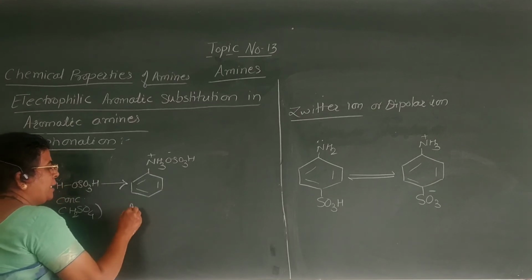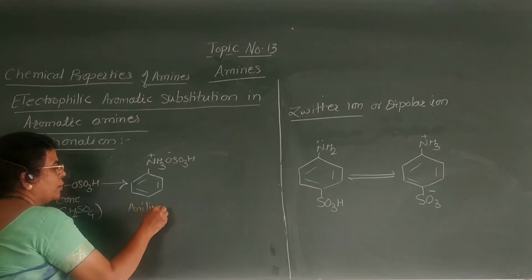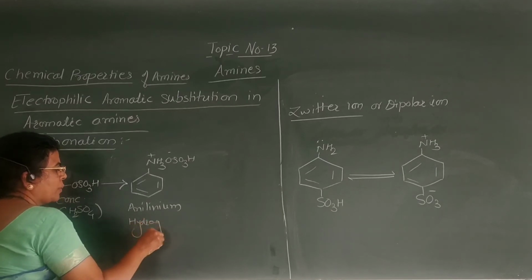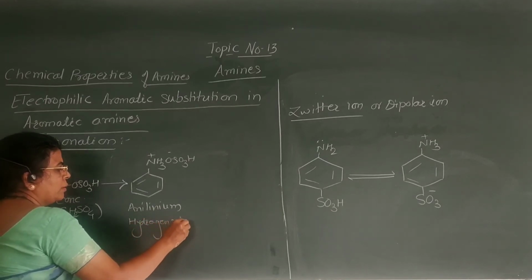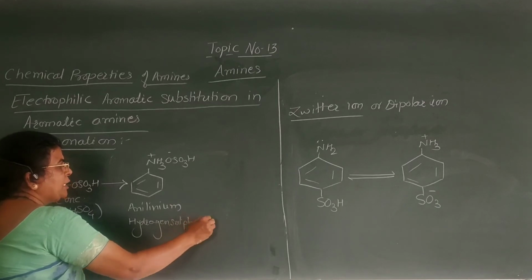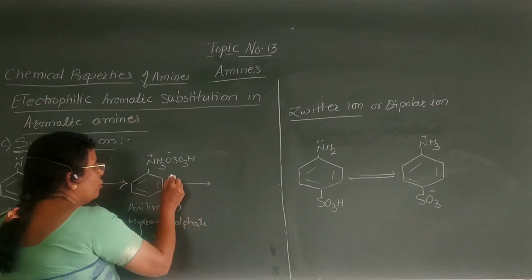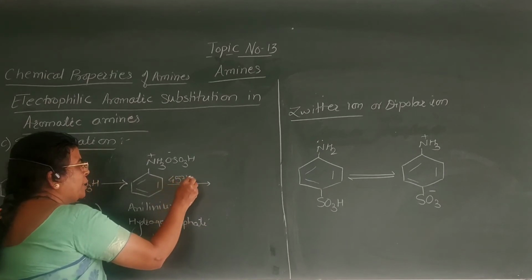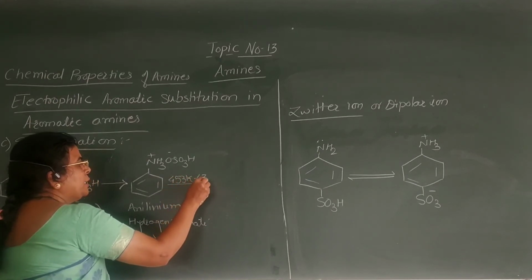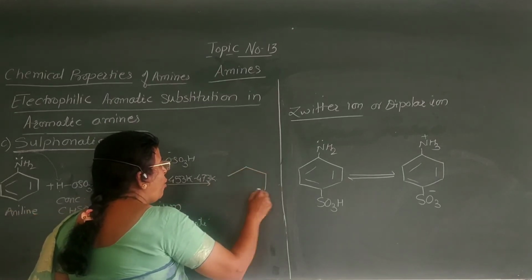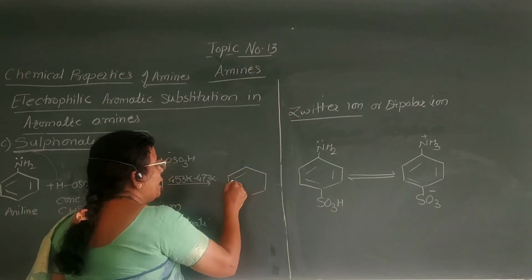This is anilinium hydrogen sulfate. When this anilinium hydrogen sulfate is heated at 453 Kelvin to 473 Kelvin temperature, then formation of sulfanilic acid takes place.